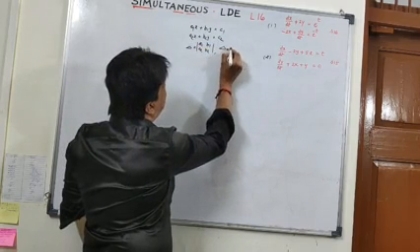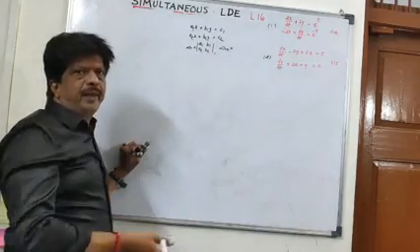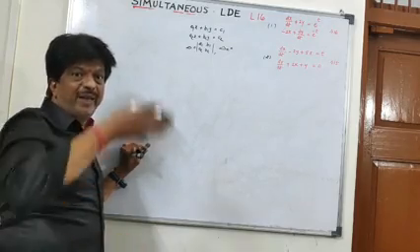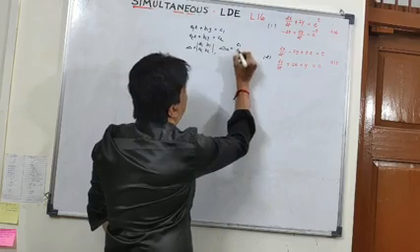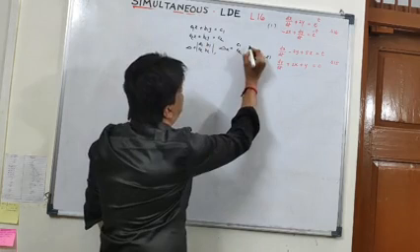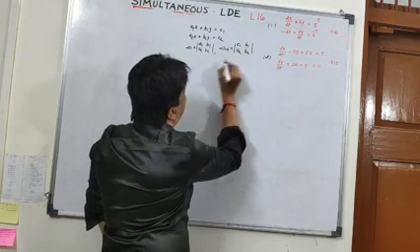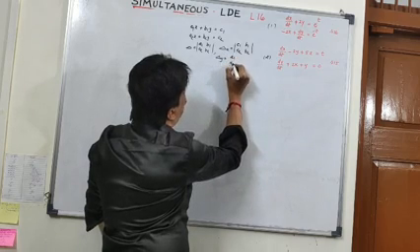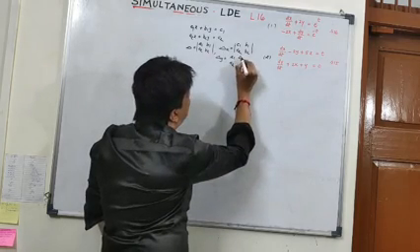Delta x is the determinant obtained by replacing the column of coefficients of x with the right hand side column c1, c2. a1, a2 are the coefficients of x, they are replaced by c1, c2, b1, b2. Similarly, delta y is a1, a2, the first column remains the same, and the y coefficient column is replaced by c1, c2.